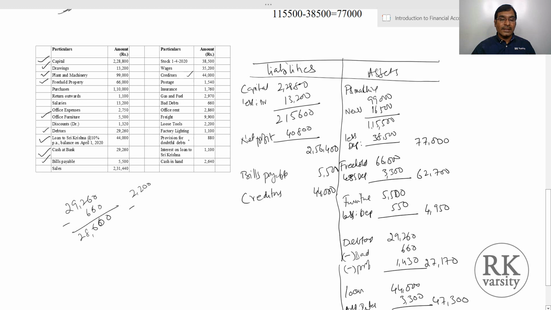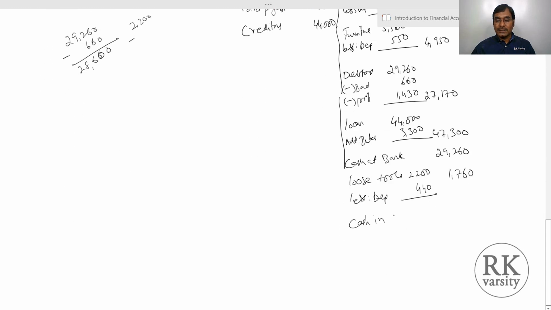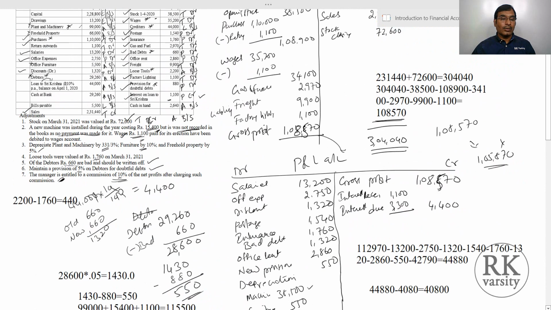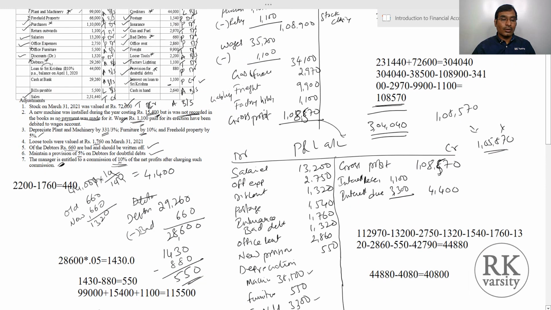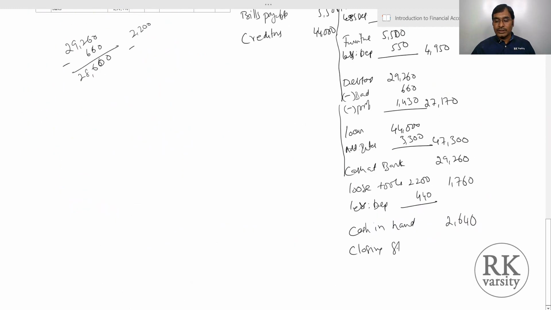Where is that? Your loose tools and provision for bad debts, interest, and cash in hand 2,640. Cash in hand 2,640. And now from adjustments, you see that you have a closing stock 72,600. Closing stock 72,600.